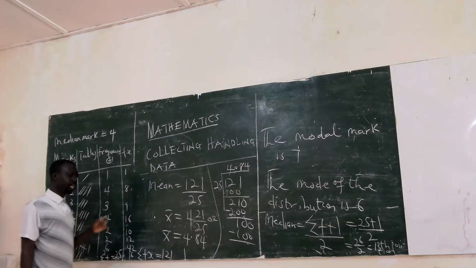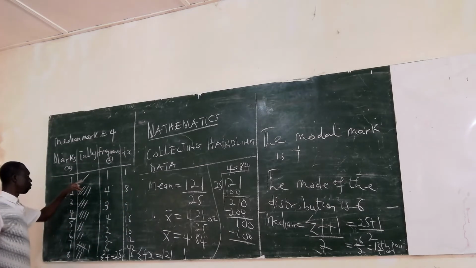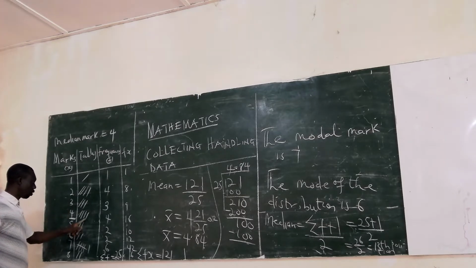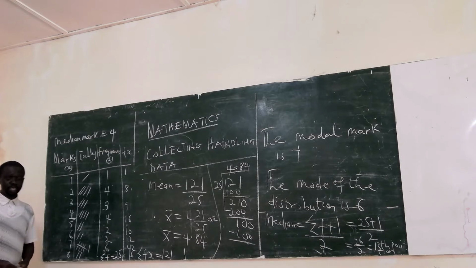According to the raw data, 1 appears once, 2 appears 4 times, 3 appears 3 times, 4 is 1, 5 is 2, 6 is 2, 7 is 6, and 8 is 2.